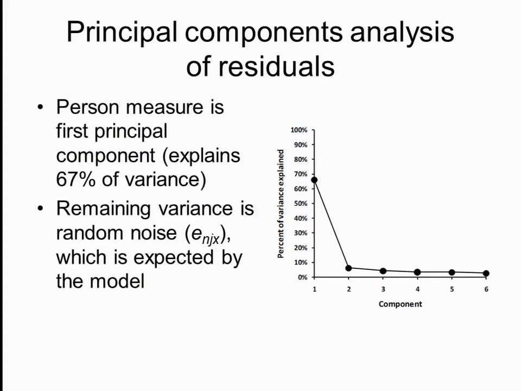And the rest of it's down in the scree, just random errors. So this particular instrument, the VF-14, given to a population of patients who have visual impairments, works very well. It's a very good measure.